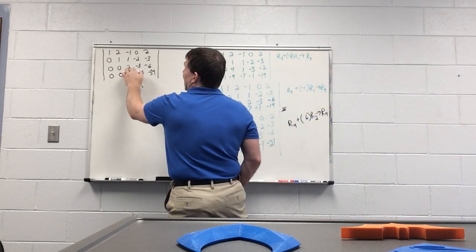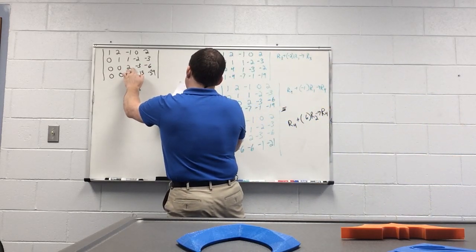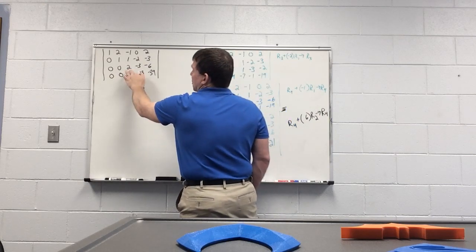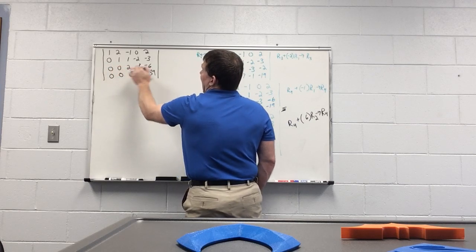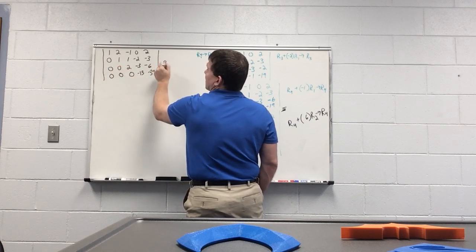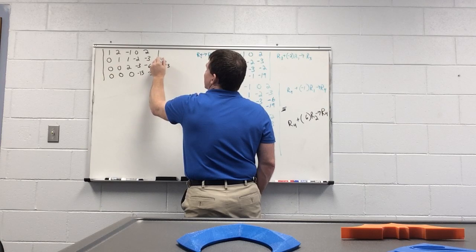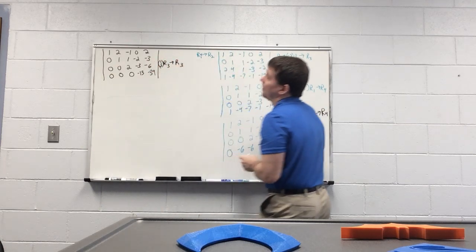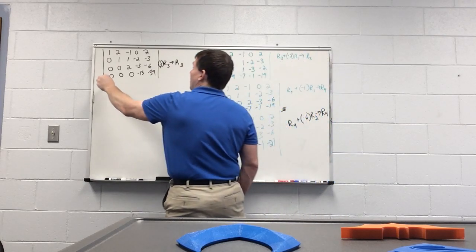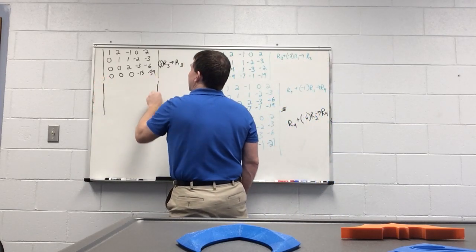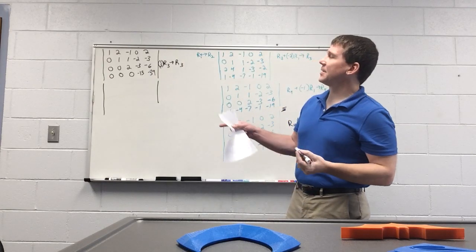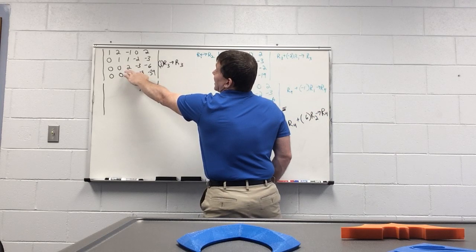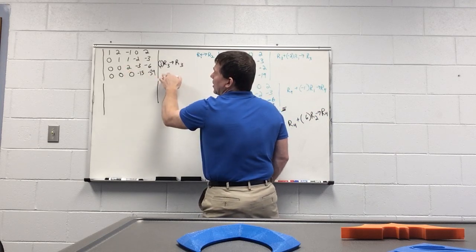Now, I need to get a 1 here. And I need to get a 1 here, and then I'll be good. So we'll start here. In this case, I can just take r sub 3 times a half and put that in r sub 3. But I know that will make this a 1, and this row will be good.